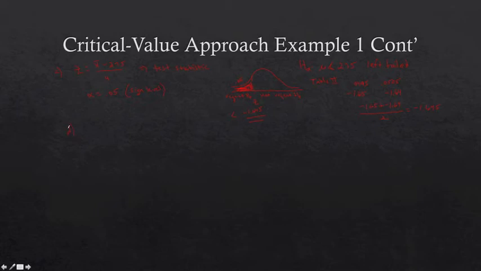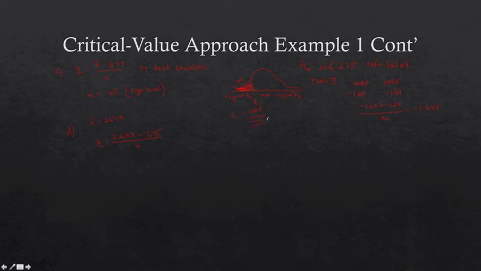Letter D said, apply the criterion in C to the sample data and state the conclusion. All right, well, we know from the problem that the sample mean is 264.4. So what we need to do is take 264.4 and plug it in and change it to a z-score because we're comparing to this z-score here.